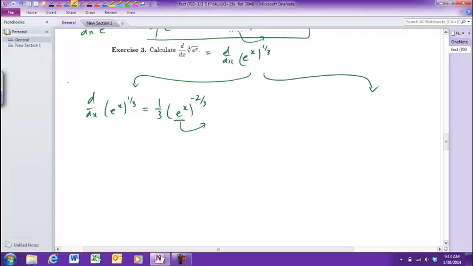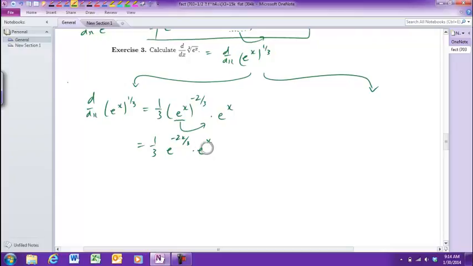And then I chain rule and I take the derivative of e to the x, and I get another e to the x out here. And I can actually simplify this a little bit. So this is a 1/3 e to the x. Because these exponents are separated by parentheses, I can multiply that in, and this is a -2x over 3 times e to the x.